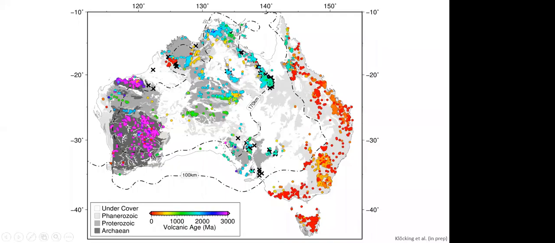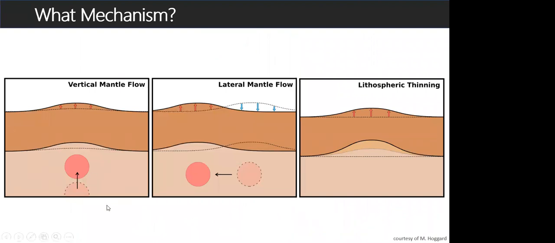The first option, I don't know if you can go back to your slide presentation where you show the three sketches. The first one was plume, but you do not observe such a thermal anomaly to propose a vertical mantle flow. And then you propose that most likely the lithospheric thinning would explain it best.